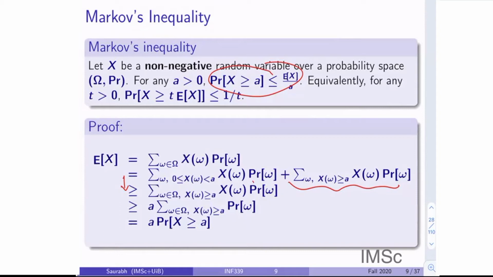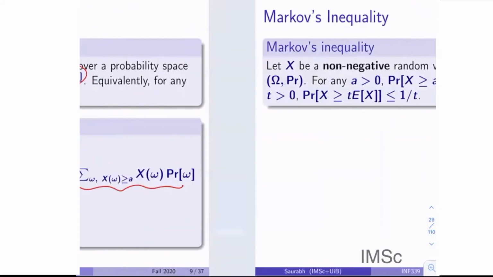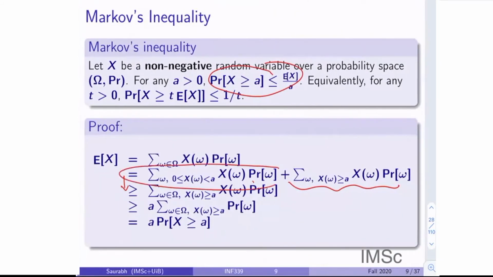So this and this is much smaller than this quantity, right? So I cannot say this quantity is larger than this quantity if we allow X to take negative values. But since X is a non-negative random variable, I know that this summation is greater than or equal to 0.